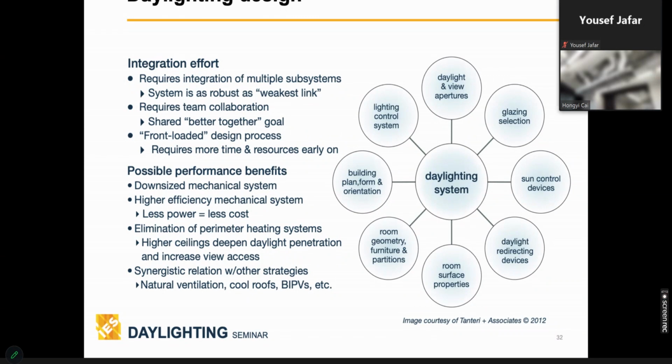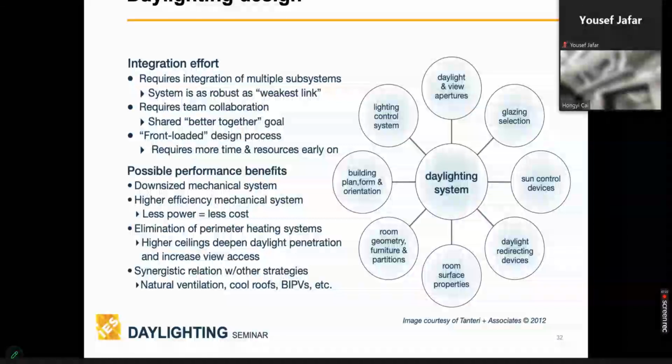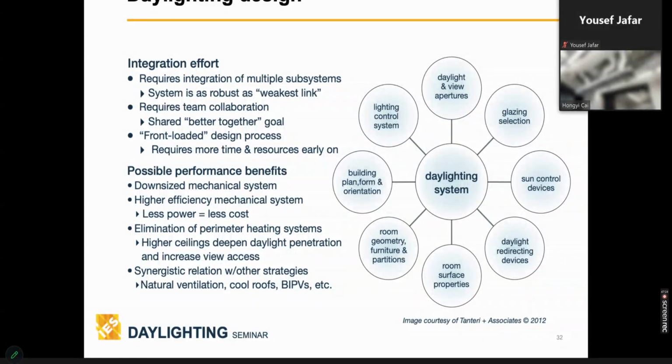Lighting control systems, this is artificial lighting control systems to integrate with daylight, right? So if you look at this, you see daylighting system design, you have to take care of all of them. It's not just a single system. This is just system-wise. We also consider human health, psychological needs, those kinds of human reactions, right? So if you consider a scope much larger than this, you will see daylighting design is actually a very complicated process.